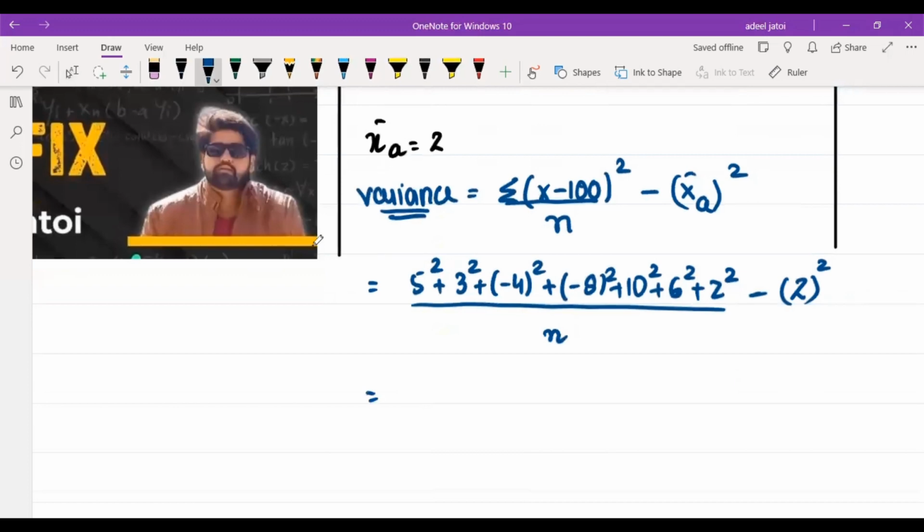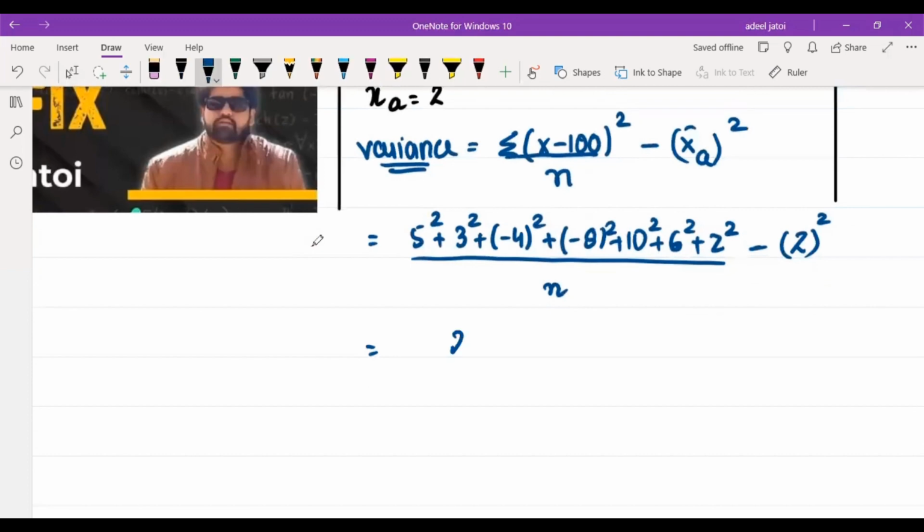The sum of the numerator value, when we want to take out the variance, that is the sum of (x minus 100) square, is equal to 254. Your n is 7 and your mean is 2 square. Your variance will be 32.28.